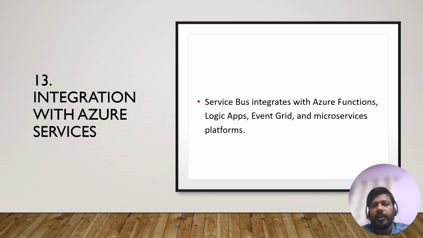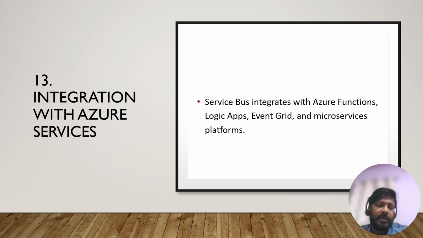So this is one of the triggers, along with the other triggers that Azure Functions have. And Logic Apps enable low-code workflows whenever there is any message from the Service Bus. And this Service Bus often complements Event Grid for command-based messaging. It plays a crucial role in enterprise integration architecture because a Service Bus is basically for carrying messages.